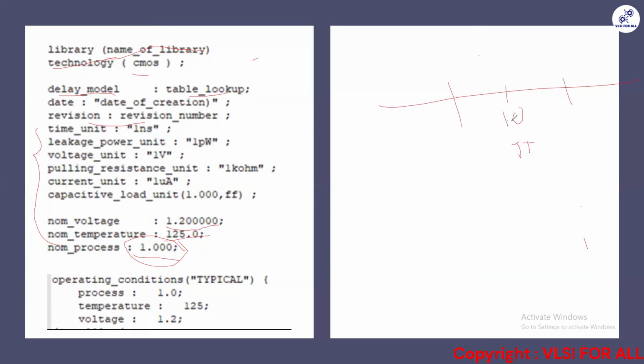What happens is the industry standard, when I have looked into the library, right, when there is something which is fast, they will give it as, for example, 0.9. I'm not saying this is a hard rule, but you will see that the process value can be 0.9. You can open up the library. Different vendors can use different conventions, but if they're using 1.2, this states slow. This states fast, this states typical.